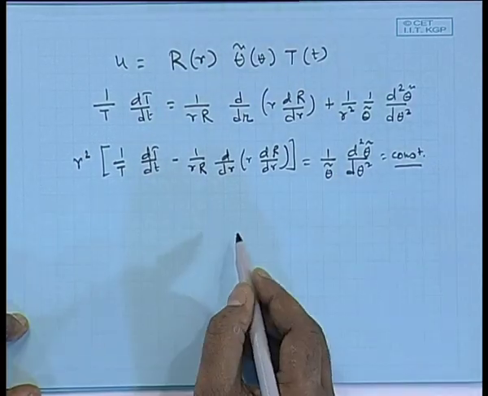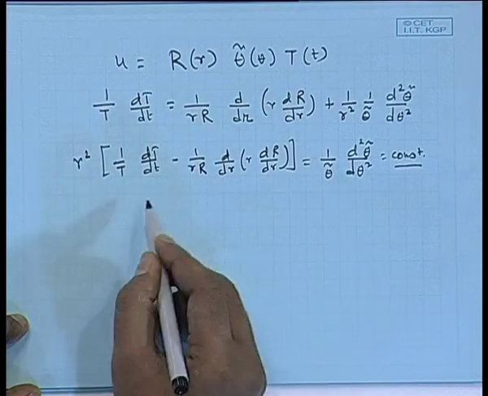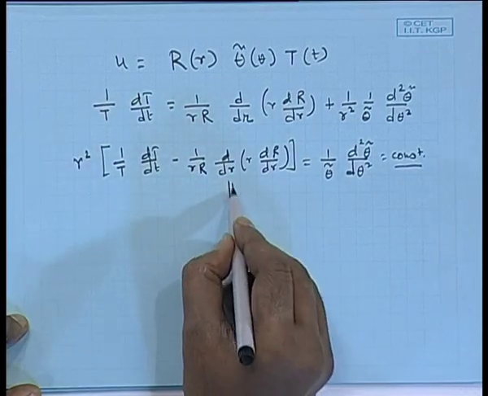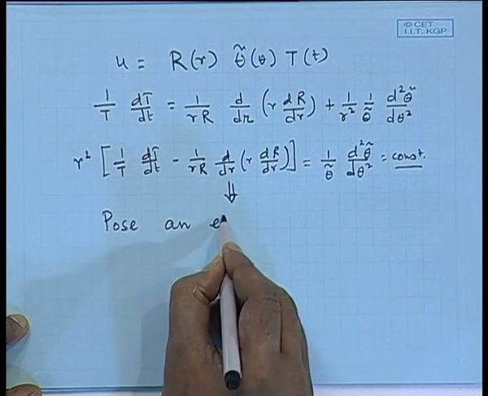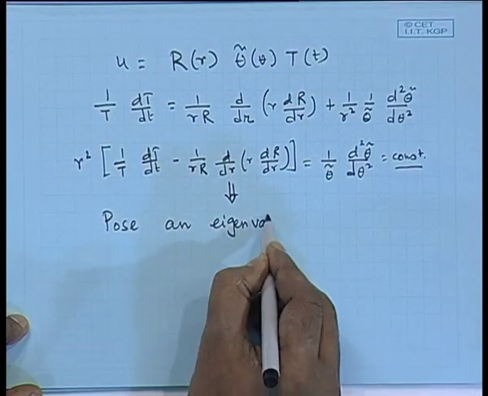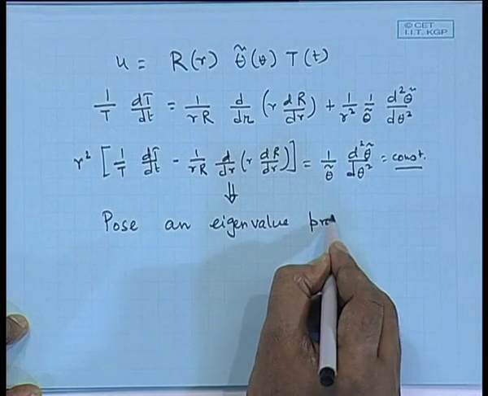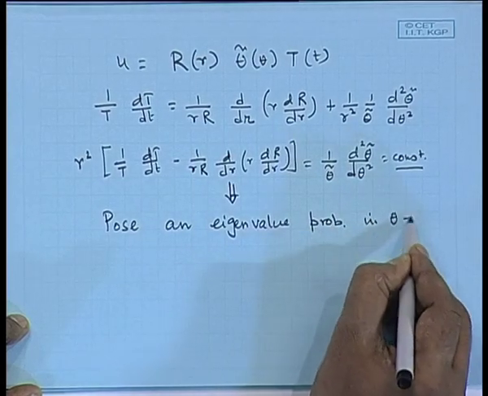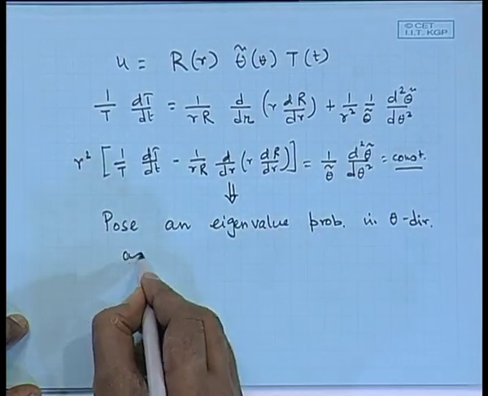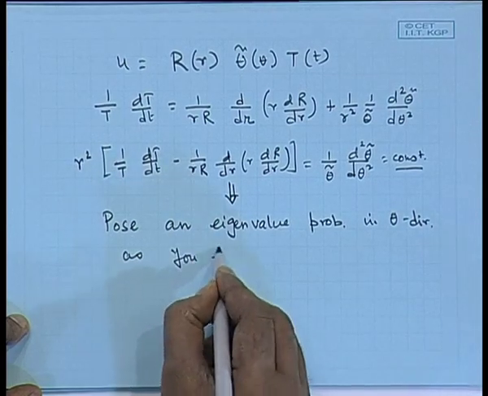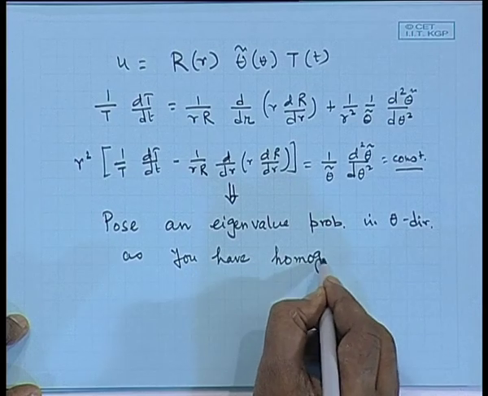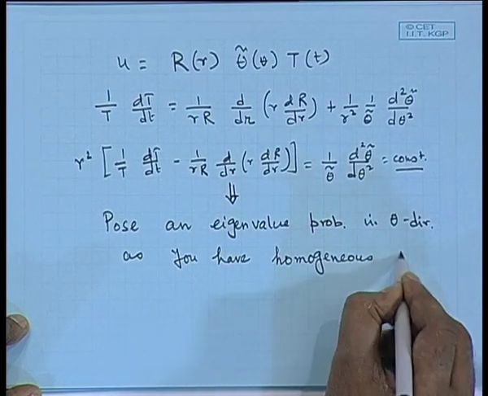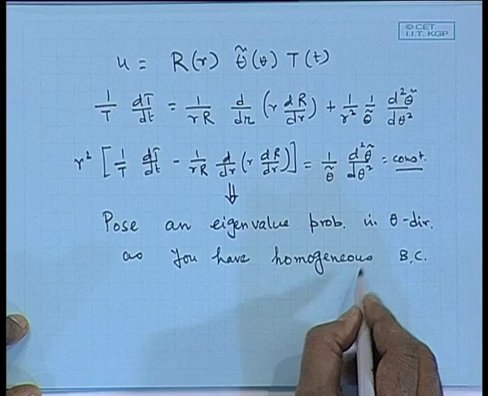Now, there will be one more trick there. So, basically you have to pose an eigenvalue problem in the theta direction, as you have a homogeneous boundary condition in the theta direction.